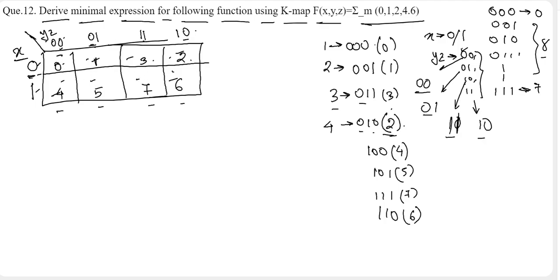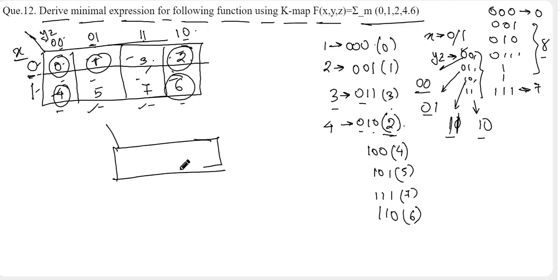Like this cell is specifying the min term of 0, this cell min term 1, this cell min term 2, this cell min term 4, and this cell min term 6. So we will write 1 in those cells, and in those cells which are left out, which are not given in our question, we will write 0. Okay. So let us redraw the K map.